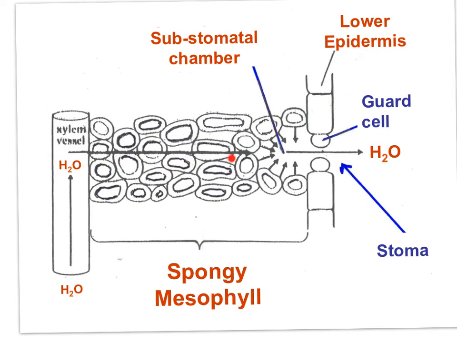It's pulled by the evaporation of water into the air spaces of the spongy mesophyll. Water then leaves the leaves as vapor, water vapor, and this is transpiration. Guard cells on either side of a stoma regulate transpiration. Stomata can be opened or closed by those guard cells.